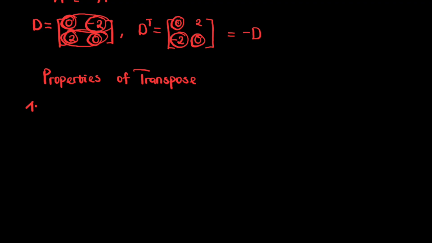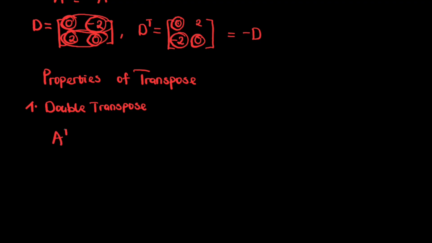So the first property is the double transpose. This property says if you transpose twice, then you will come back to the original matrix. So it is like this.